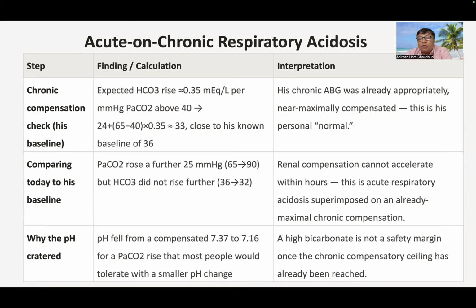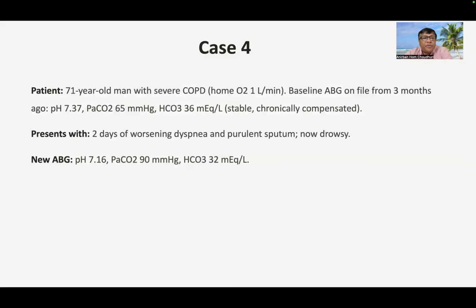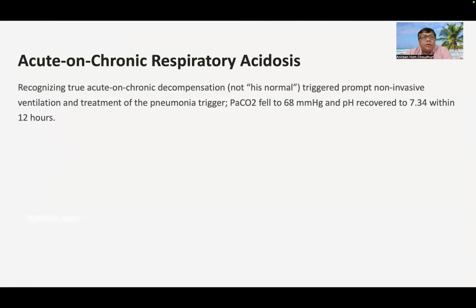So this patient had already reached his ceiling, the safety margin was exceeded, the bicarb didn't rise, and the patient's pH fell drastically from 7.37 to 7.16. So recognizing true acute on chronic decompensation, not his normal.